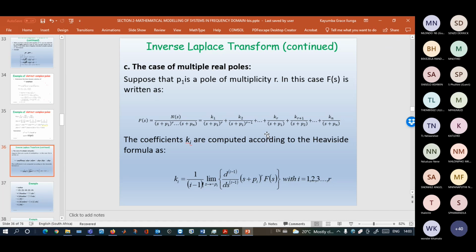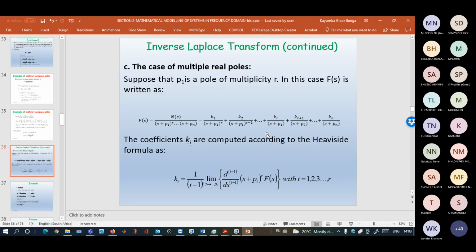We have real poles, but they are the same. That's why I gave you those examples to solve. The first one was a normal one, the second one you could have a complex, the third one all the roots are the same. You remember? So this is when we said we have multiple real poles.